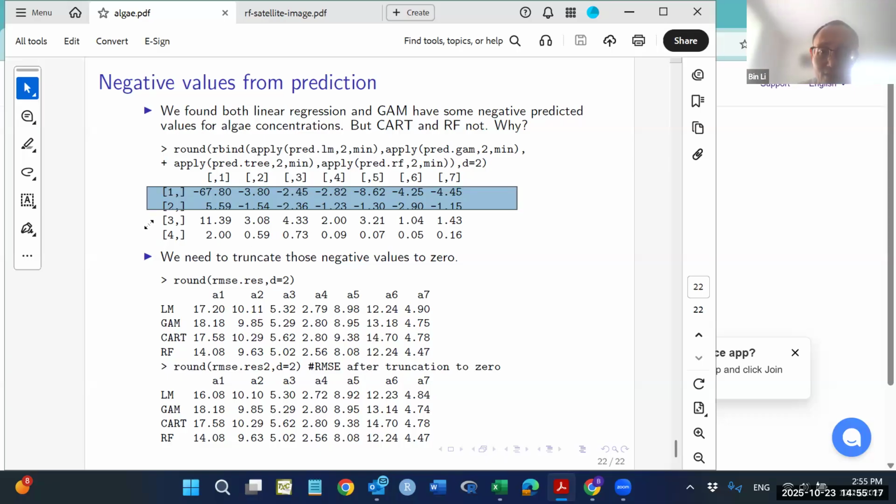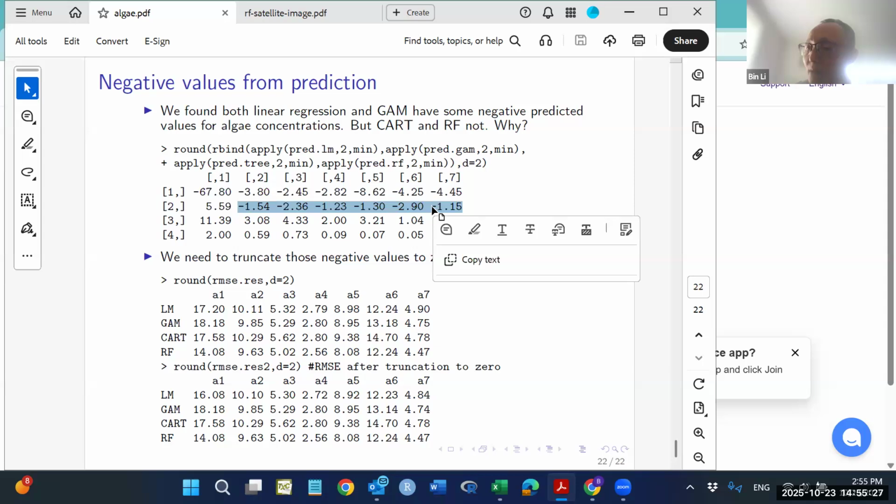But if I look at the minimum value for the predicted value on all 4 methods, you can see for the linear regression and the GAM, they have some negative values. And by the way, these 1 through 7 are algae 1, algae 2, to algae 7.